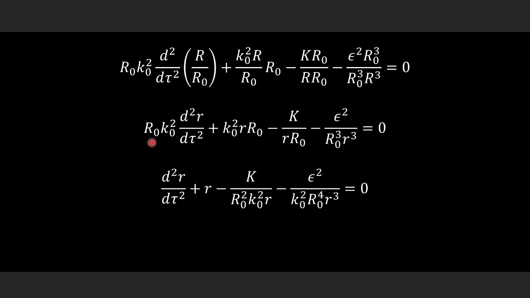So there won't be anything here. K naught square r naught will go from here as well, and here you will be left with k naught square r naught, and there was already r naught, so r naught square and small r, minus epsilon square over k naught square. All right, and r naught will give you r naught 4, and this is r cube.